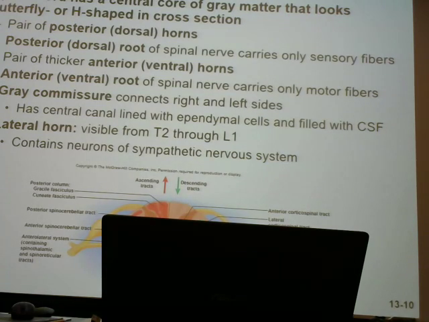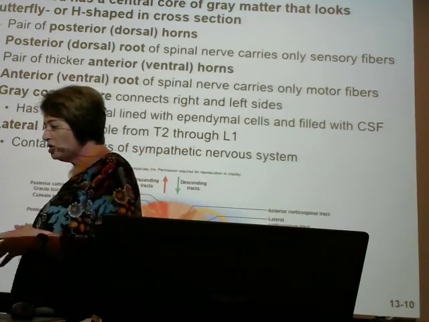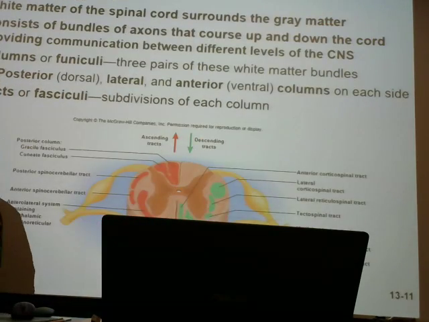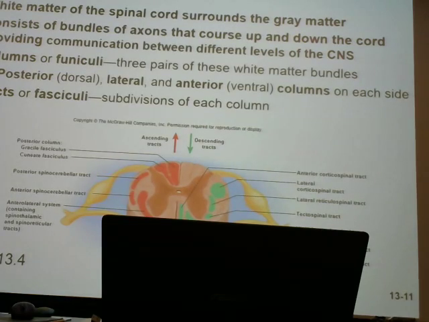So, in the gray matter, I've now learned that I can have sensory information, motor information, and organ information. Now, in the white matter, look at what it has. The gray matter has what? Part of the cell.